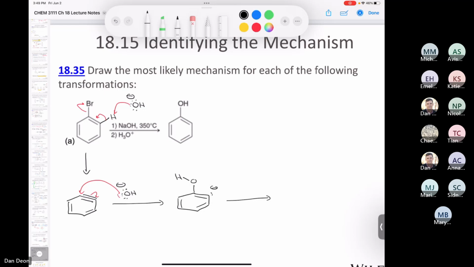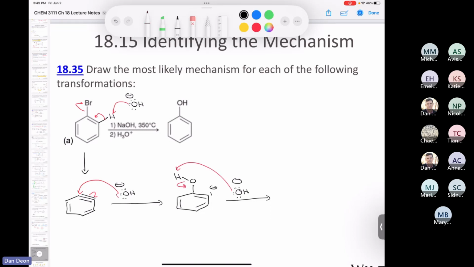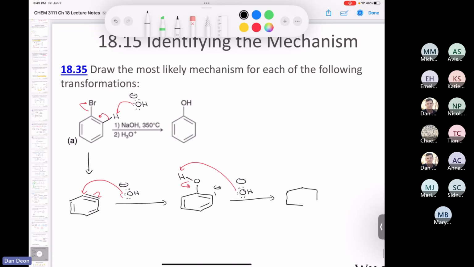So that phenol proton is going to be removed by an ion of hydroxide. So we pull that off, we make the phenoxide. So we have our phenoxide. And then this is the last step where we do our proton transfer with hydronium. So we draw our hydronium ion and we get proton transfer, and there you go. So there's the whole mechanism.